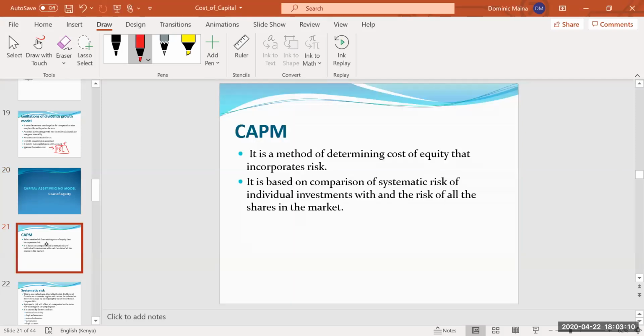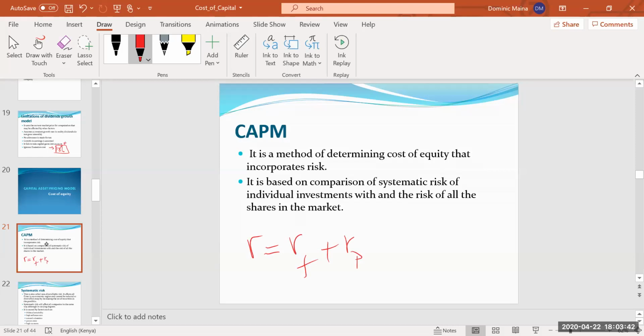So CAPM, or the capital asset pricing model, is a method of determining the cost of equity that incorporates risk. If you remember, we said that the return the provider of capital shall receive is given as the risk-free rate of return plus a risk premium.